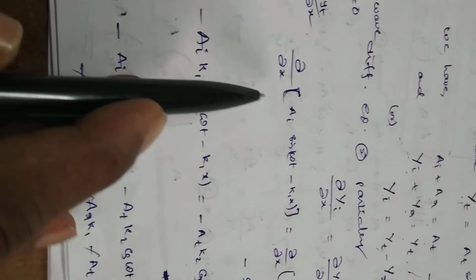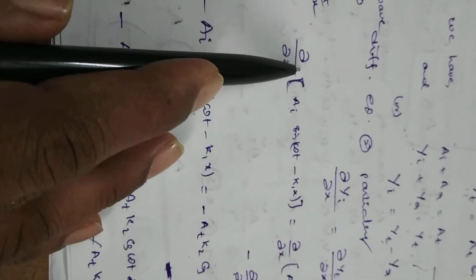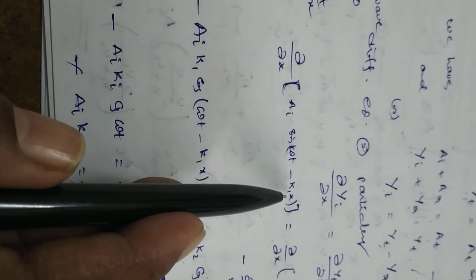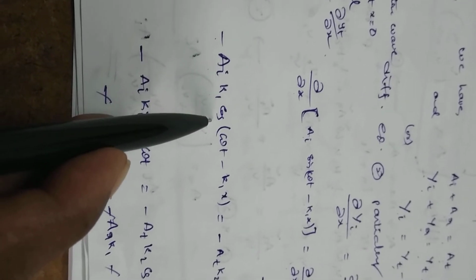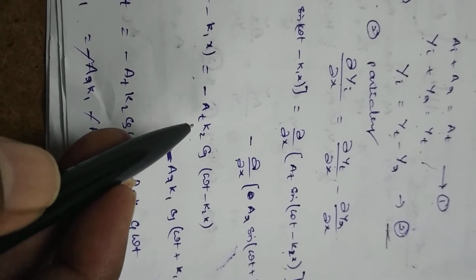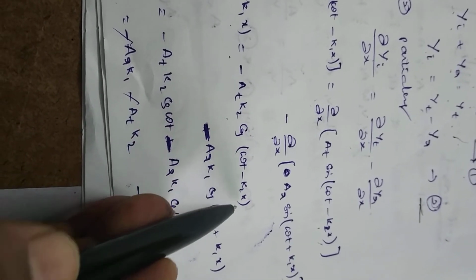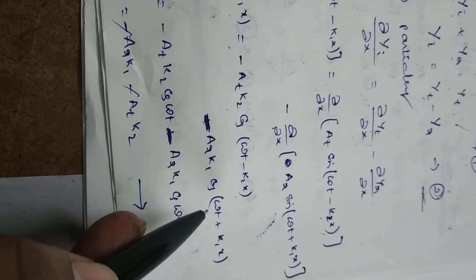That is ∂/∂x of this function: Ai into ∂/∂x of sin means cos, and again with respect to x this gives minus k1. So minus Ai k1 cos(ωt − k1x) is equal to minus At k2 cos(ωt − k2x) minus Ar k1 cos(ωt + k1x).